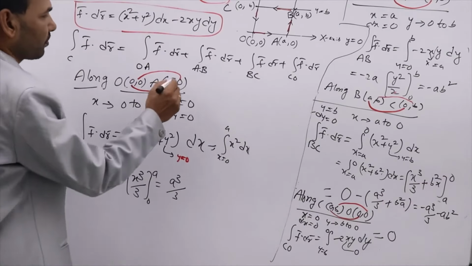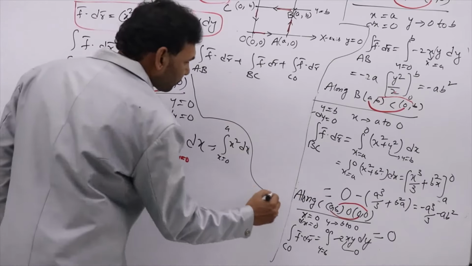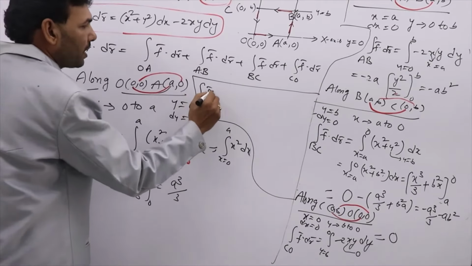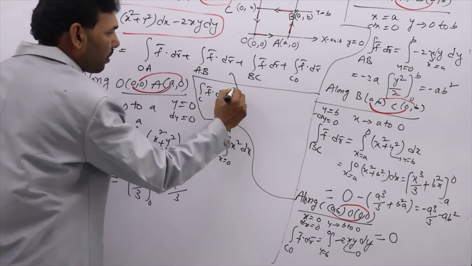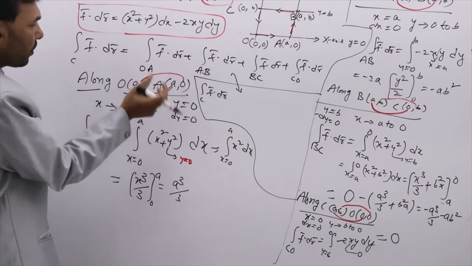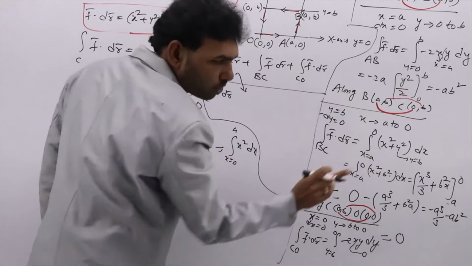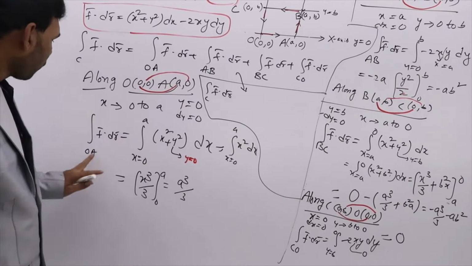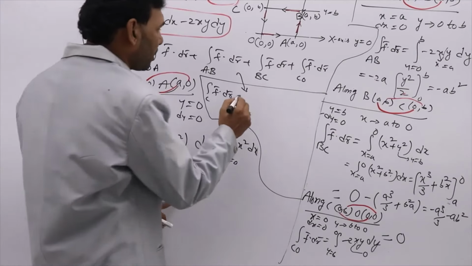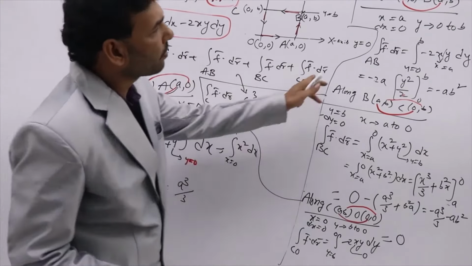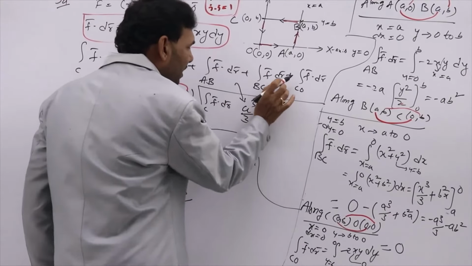If you write 0 in the place of x, 0 into anything is 0, so integral 0 dy. So finally, as I wrote earlier, the total value, integral over C of f bar dot dr bar, equals the sum of the first, second, third and fourth integral values. Along OA, what is the answer? We got a cube by 3. Along AB, minus ab square.